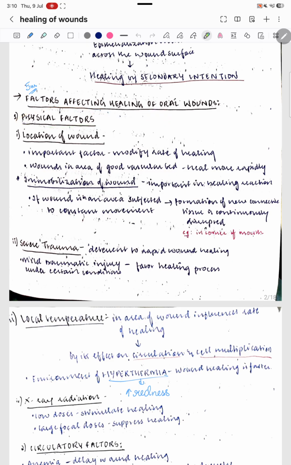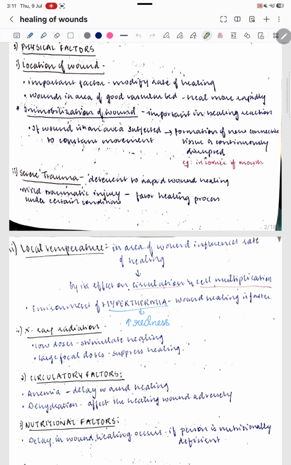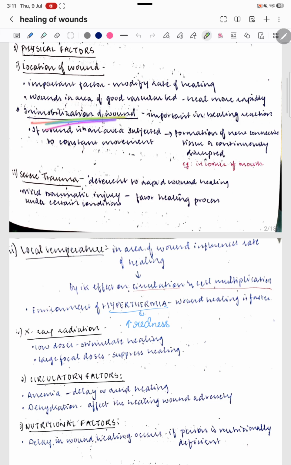In physical factors, the first factor is where the wound is located, which is important to modify the rate of healing. Wounds in the area of good vascularity can heal faster, and if there is low vascularity, then they will take time to heal. Then coming to the immobilization of the wound, it is important in healing. If the wound is in an area subjected to constant movement, then the formation of new connective tissue is continuously disrupted, for example, the corner of the mouth.